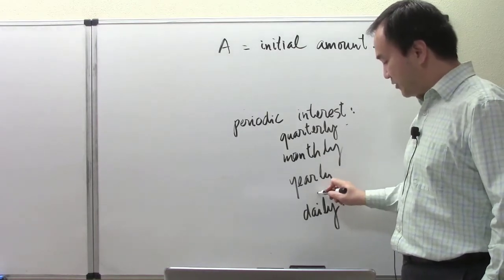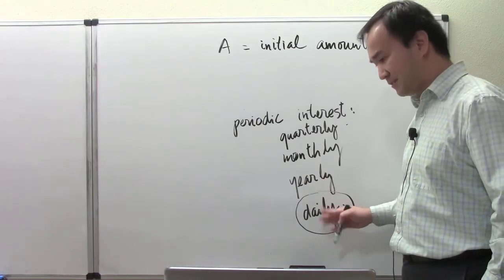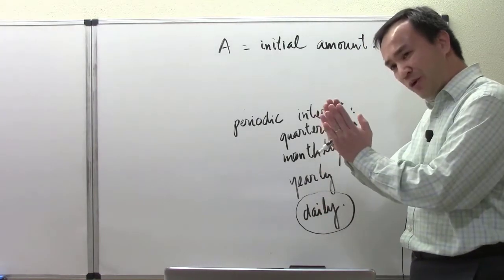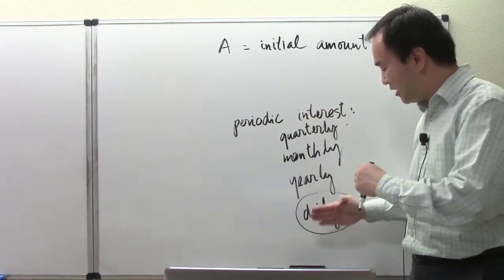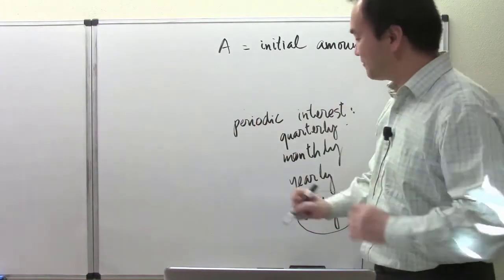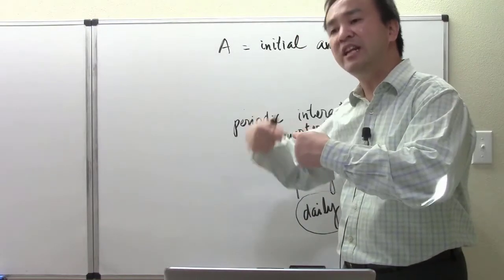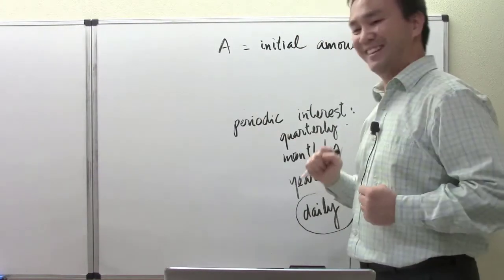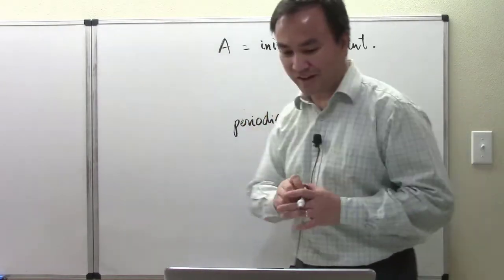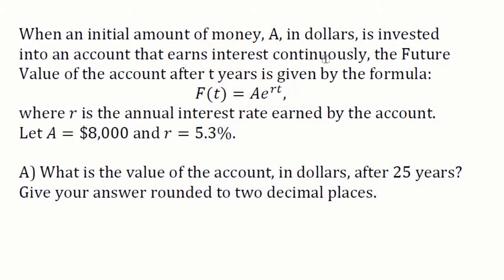Among the common plans, daily is the one with a shorter time period, because basically you earn interest every day. But there is also the kind of plan where your money continuously produces interest. And that's why, in the wording of the problem earlier, in case you wondered, it says it earns interest continuously.